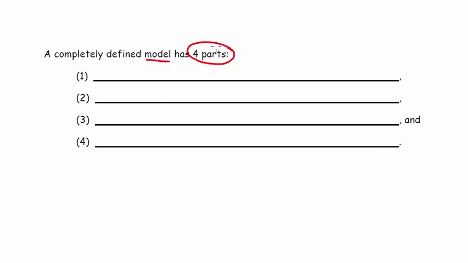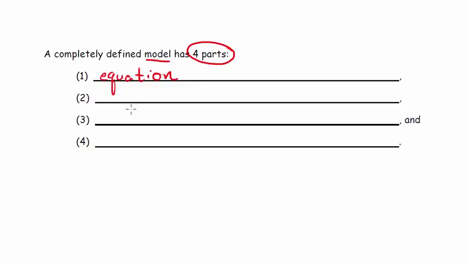Alright, the first part is an equation. So this is a mix of an algebraic and a verbal representation. So I need an equation, but if I want to use your equation, I need a little more information. I need to know what your input is and what your output is.